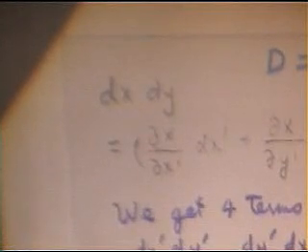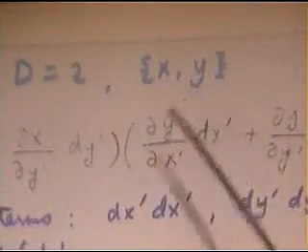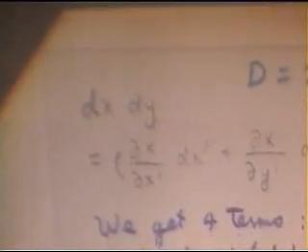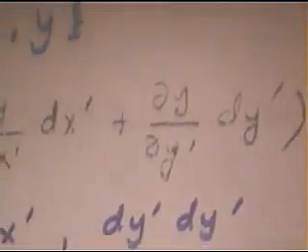Let us just go to two-dimensional space, and let me call the coordinates x and y. Okay? And then we ask how dx, dy transform. So dx transforms into dx prime plus dx, dy prime, multiplied by a similar thing, except differentiated with respect to y.